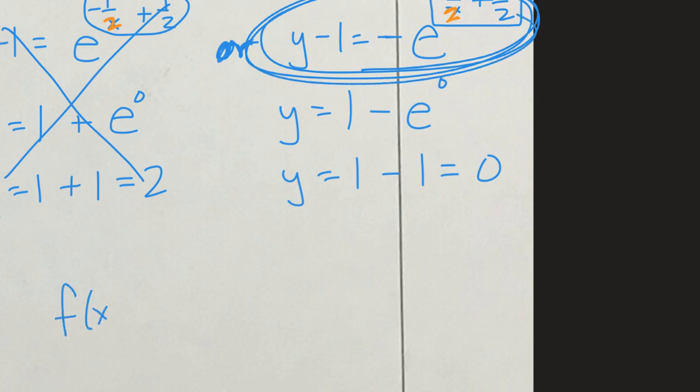So f of x, also known as y, is 1 minus e to the negative 1 over x plus 1/2. I brought the 1 over to this side to solve for y completely and get y by itself. So y equals 1 minus e to the negative 1 over x plus 1/2 power.